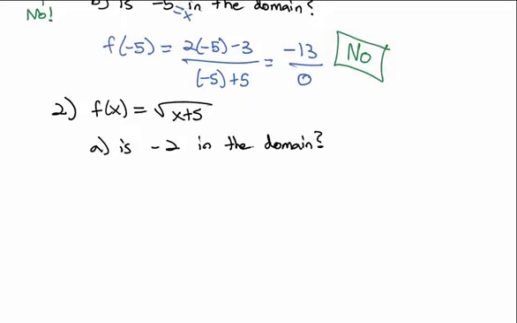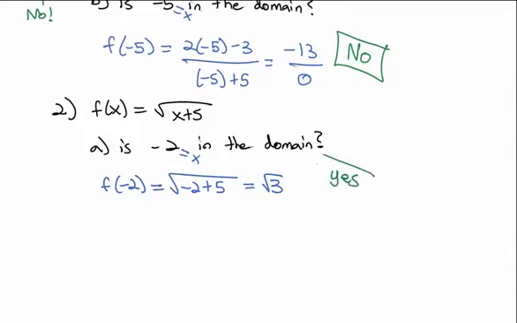But don't be too quick to exclude negative 2, because if we make that equal to x, if we find f of negative 2, that's the square root of negative 2 plus 5, or the square root of positive 3. Now, it might be an ugly number, but we can take the square root of positive 3. So we will say, yes, negative 2 is in the domain. How about this one? Is negative 7 in the domain?